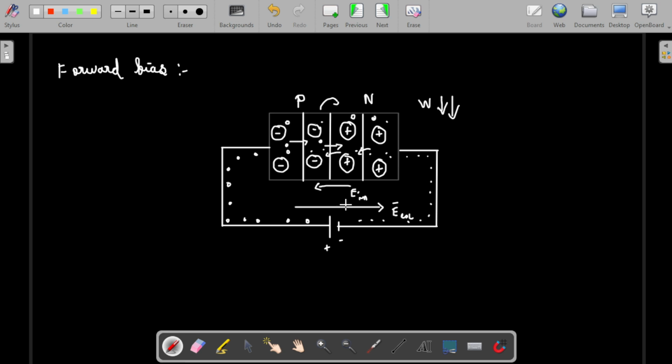Then the dP by dx profile will keep on increasing. The charge carriers will keep on increasing because of the external and internal electric field. The internal electric field will be nullified because of the much greater external electric field. So then I net will not be equal to 0. There will be some current movement because of the external battery supply that we have produced. I hope you guys are able to get it, right?